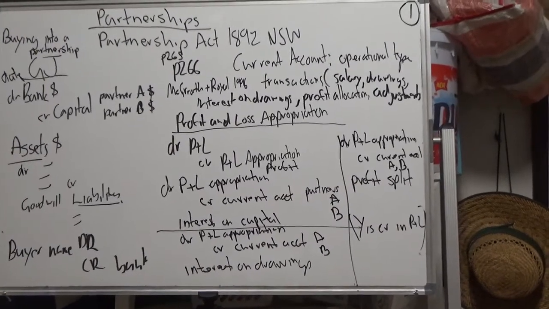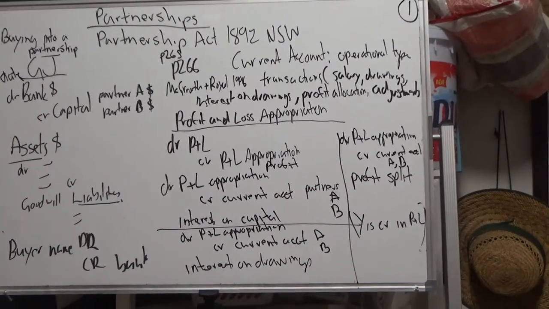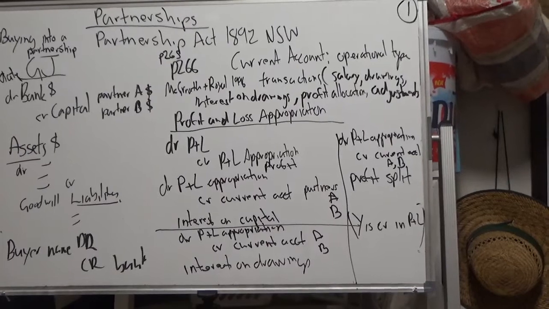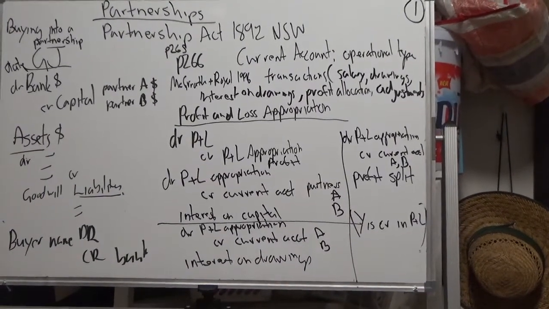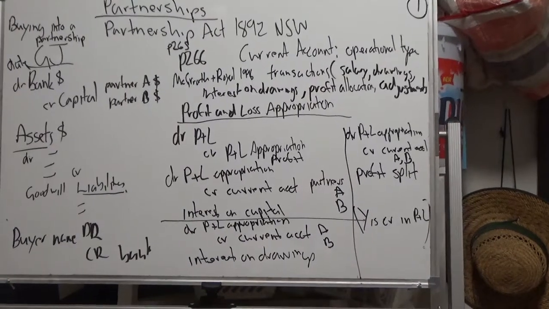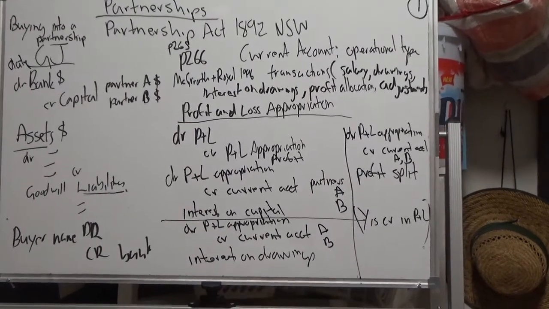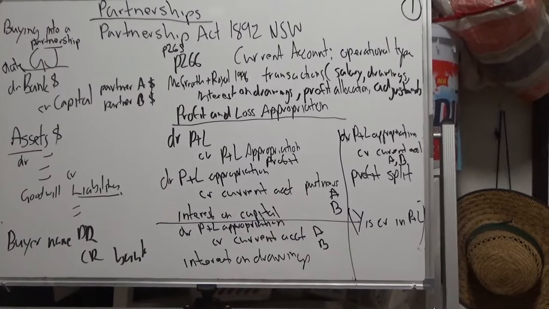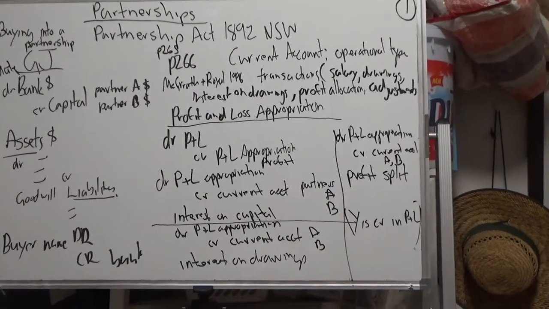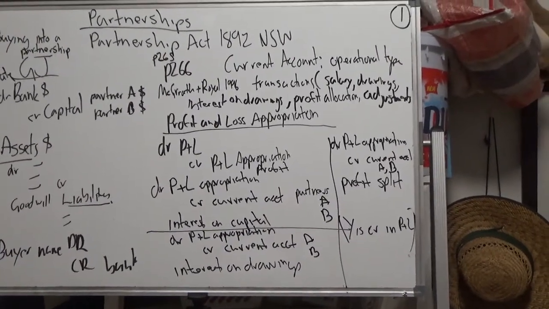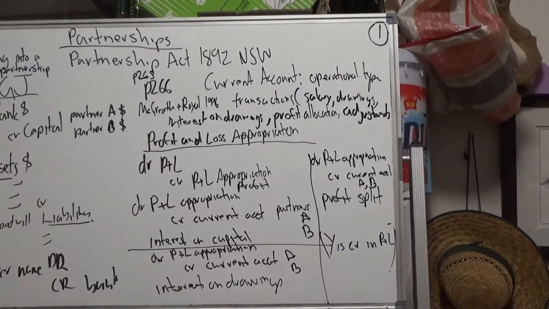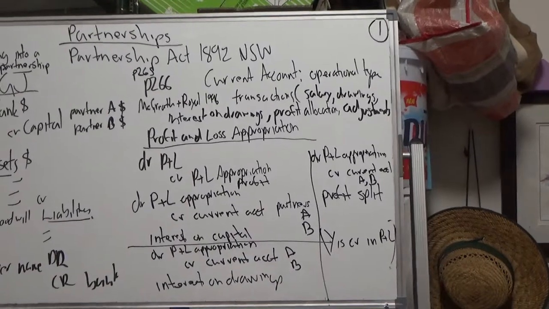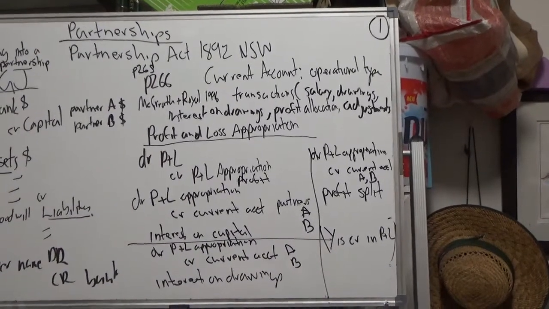You debit profit and loss appropriation, credit current account, list all the partners for interest on capital. You debit profit and loss appropriation, credit current account A and B for interest on drawings. So these are the current account type general journal entries. For the profit split, you debit P&L appropriation, credit the current account of A and B, list all the different money items for each partner.